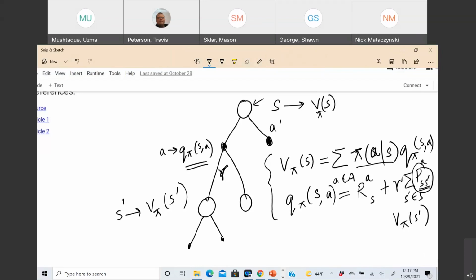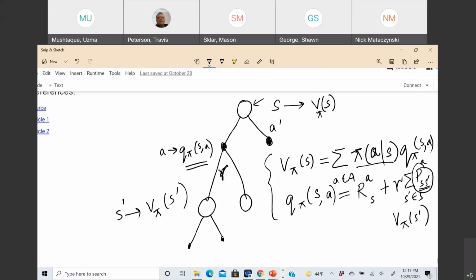So mathematically, first of all, we've come to a point where we have a relationship between V pi S and Q pi S. That's one thing. And the other thing is that we have some recursive relationship, just by looking at this diagram here, within the state value function and the state action value function, right?